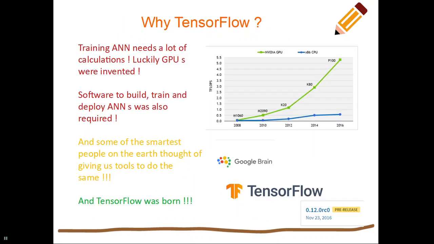Okay. Now it was realized that deep learning can be used for a variety of applications, but there were a couple of challenges actually. As we saw, training of deep learning networks or artificial neural networks is a very computationally expensive process.